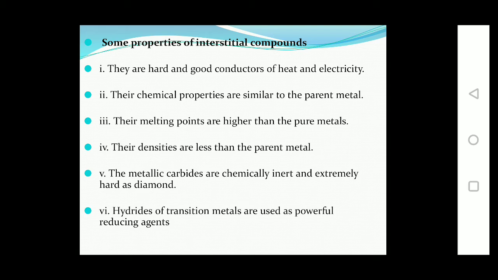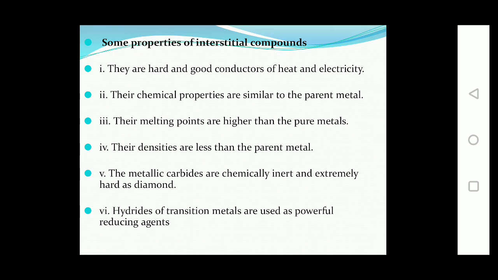They become good conductors of heat and electricity. Secondly, their chemical properties remain the same. They are similar to the parent metal because the percentage of parent metal is large enough. Only 0.2, 0.3% of these interstitial atoms are there. Hence, the chemical properties remain unaffected.